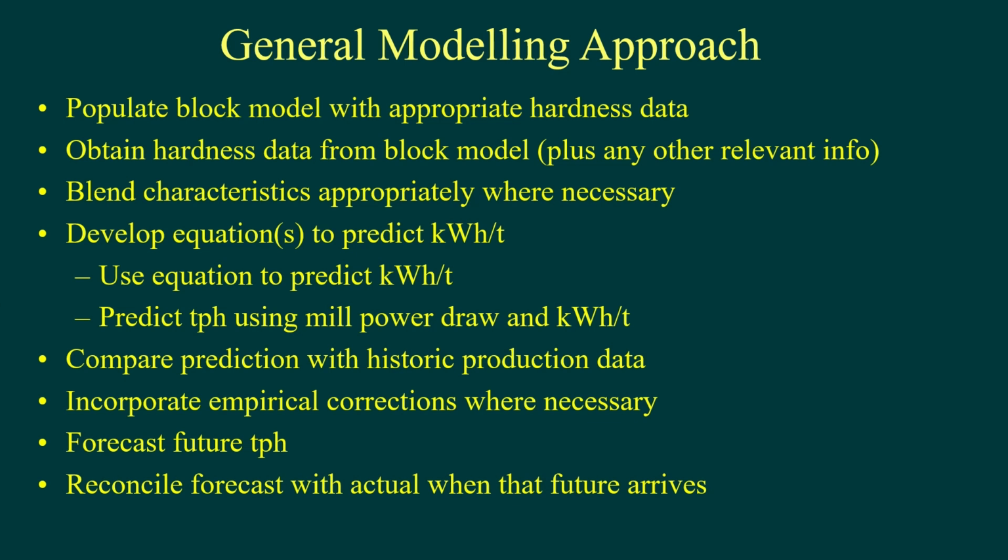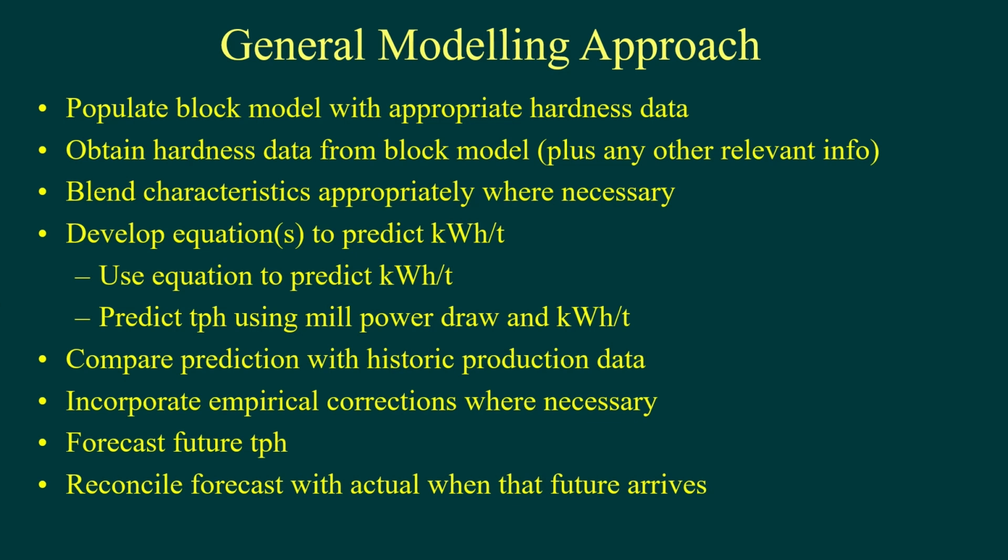Before you let that model loose and you start forecasting and acting on your forecast, the first thing you do is to compare those predictions historically. So look at historic production data and see how well your model works. Almost certainly you will need to incorporate some empirical corrections where necessary.